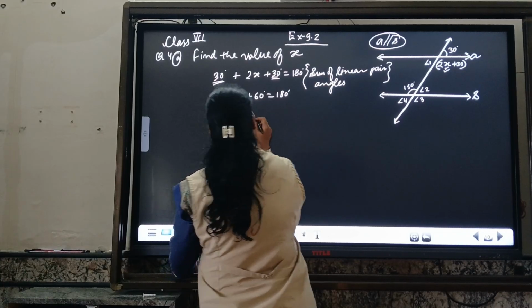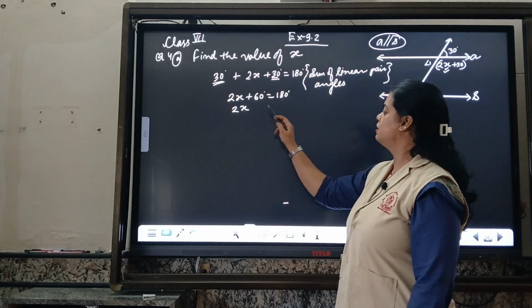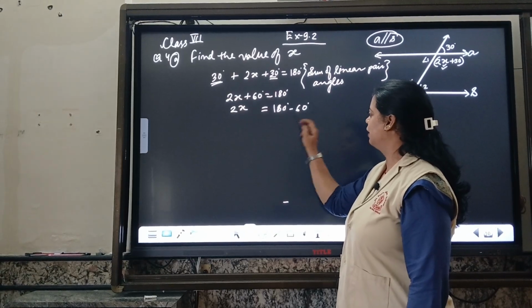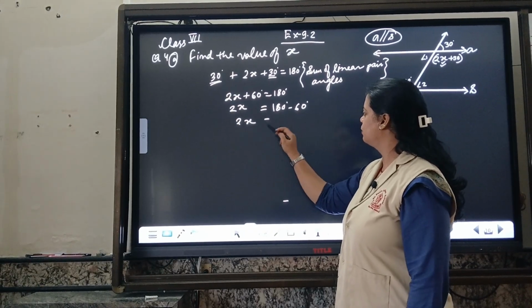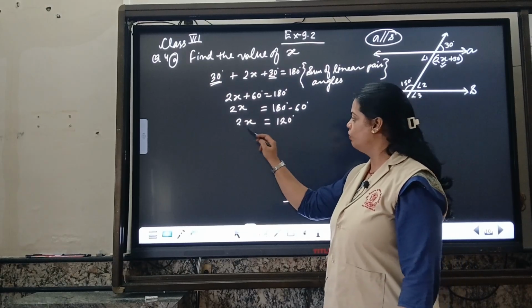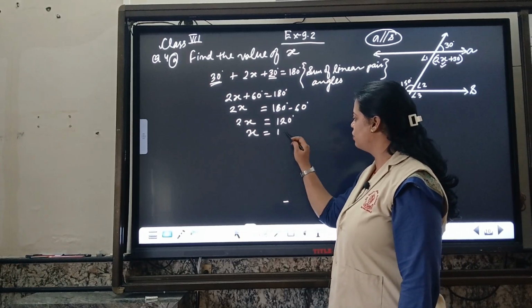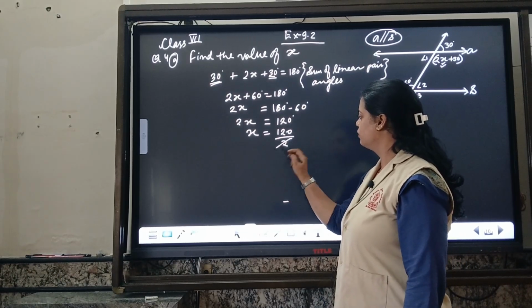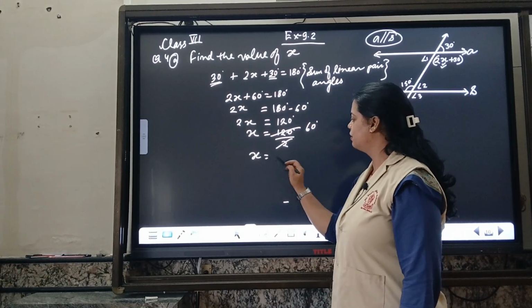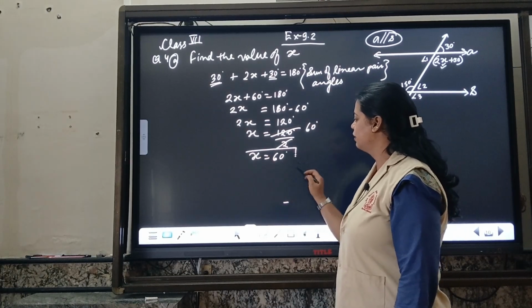Now I will transfer 60 towards 180, so it is 180 degree minus 60 degree. Hence I will have 2x is equal to 120 degree, and 2 into x, so 2 will go towards 120 in division, so it will give me 60 degree. So the value of x is equal to 60 degree. That's it.